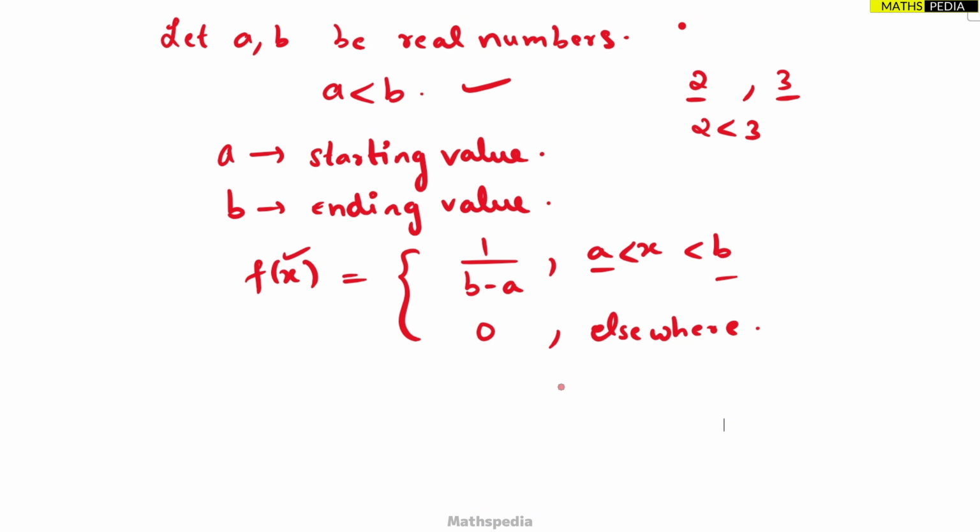Let me tell you the meaning of this. We are defining a probability density function, PDF. This basically tells how probability is being distributed within the interval or outside the interval. There are two cases we are going to consider.